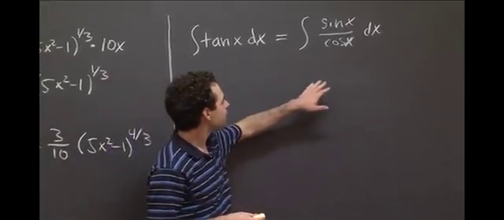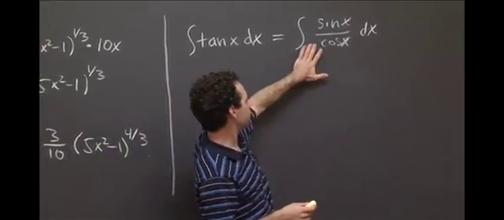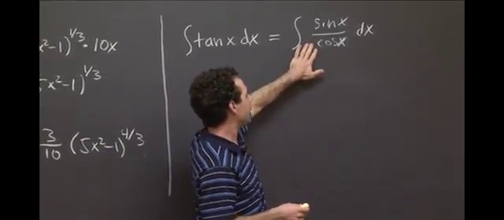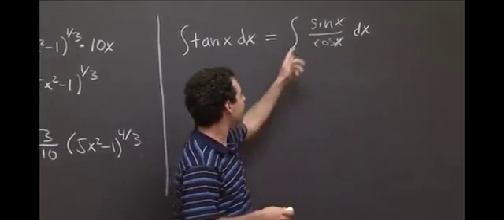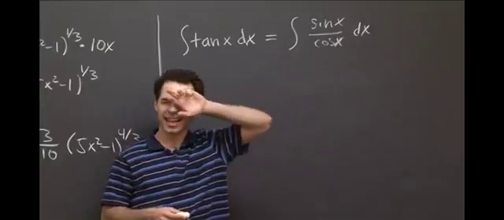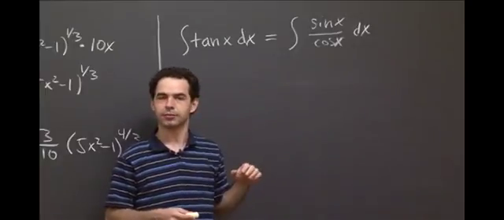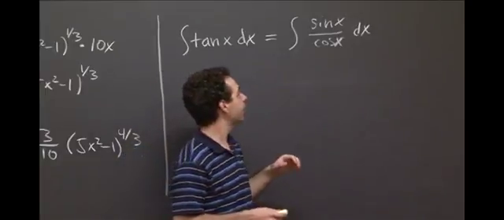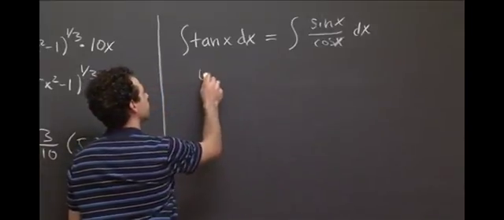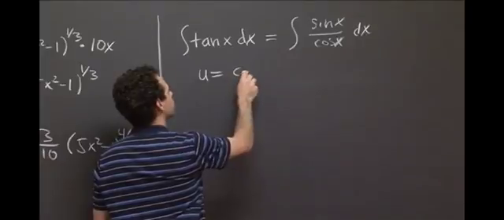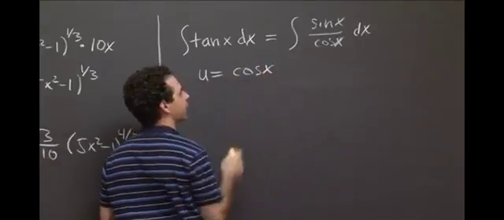I see in the denominator a cosine of x, and then up top I have a sine x dx. So sine x dx is really close to the differential of cosine of x. So I'm going to try the substitution u equals cosine x.